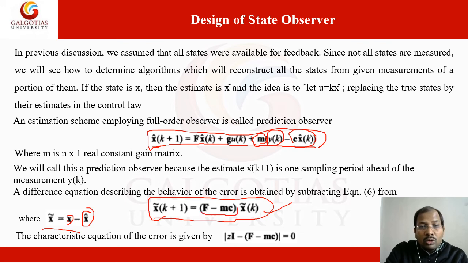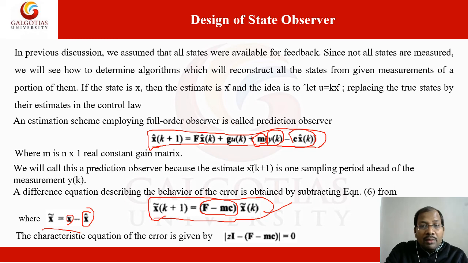You can relate the state observer and the state controller. In the state controller we get F minus BK, and here we get F minus MC.